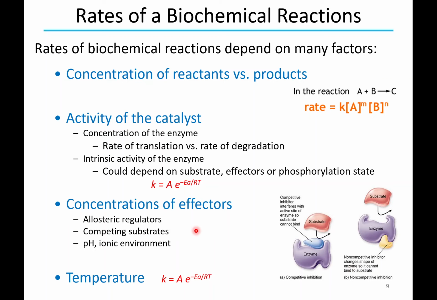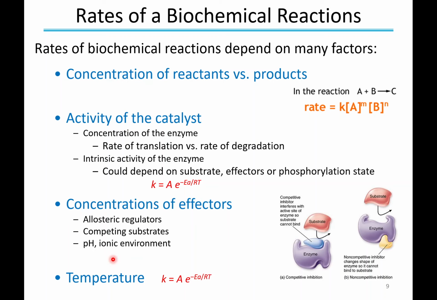You can also have a competing substrate that binds in the active site and blocks the substrate binding. Okay, so those are ways that other molecules can adjust the activity of an enzyme, and thereby affect the rate of that reaction.